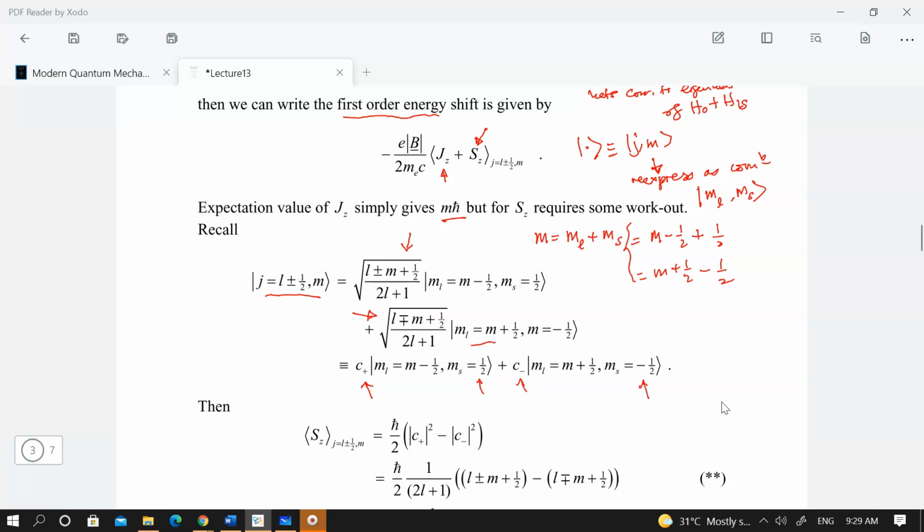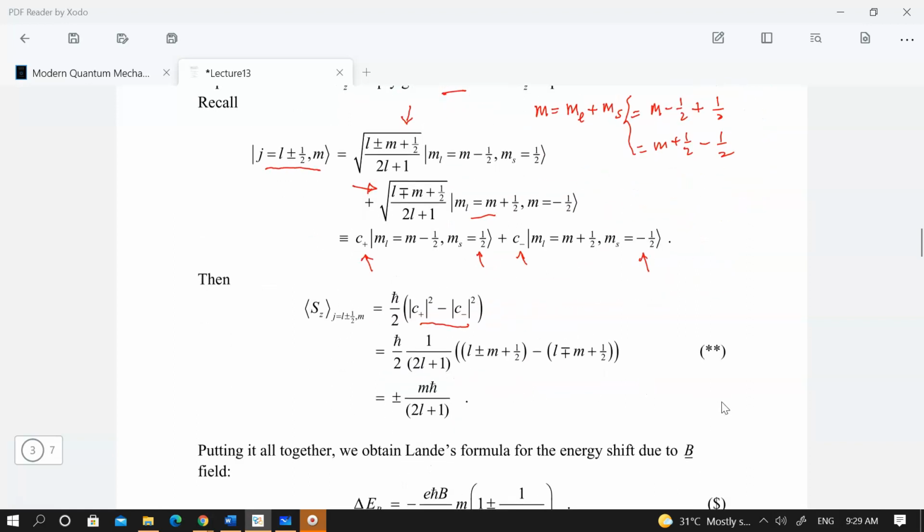If you take the expectation value of Sz with respect to this, then you can calculate that this has to be equal to the difference between the magnitudes squared of the two coefficients earlier. And just writing out the coefficients now.